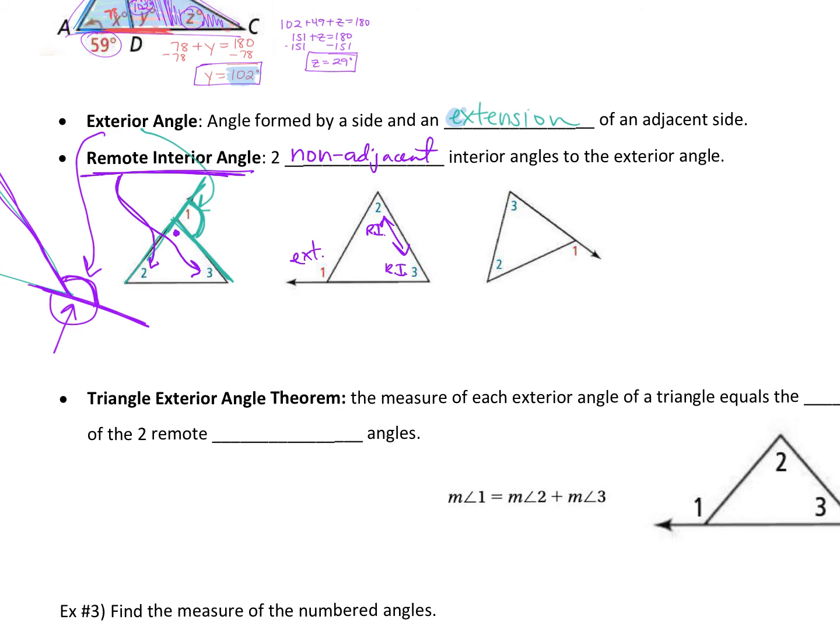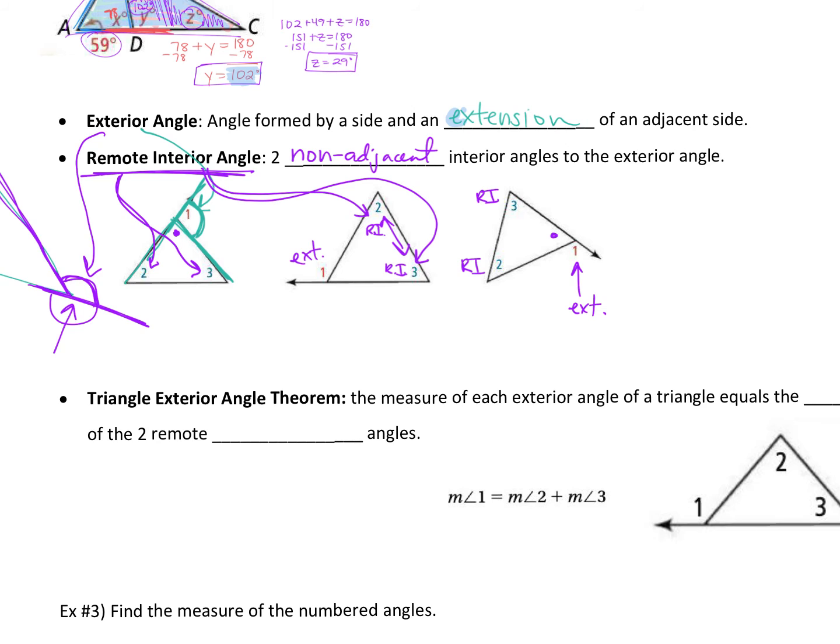Remote interior. Okay? So this and this. Same thing here. Exterior, remote interior, remote interior. Okay, so it's not the one that's touching the exterior angle, it's the other two. Does that make sense? Questions on that?